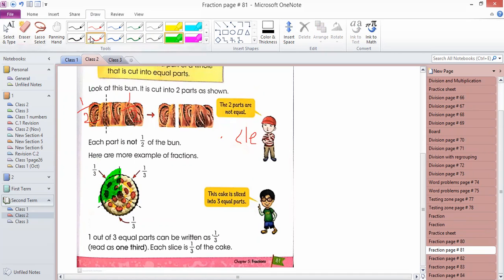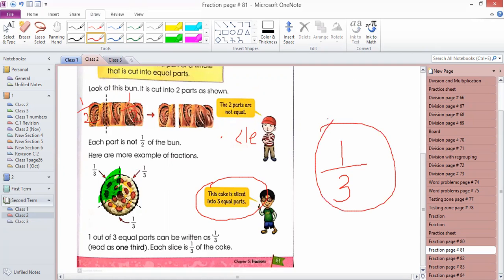It's very easy. You will say, sir, there are 3 equal parts and they are equal. The cake is sliced into 3 equal parts. So there are 3 equal parts and you want to eat this piece. That means you want to eat 1/3 of the cake.